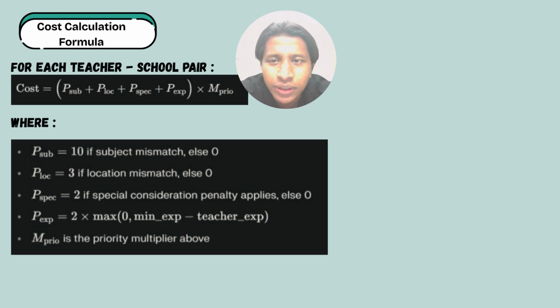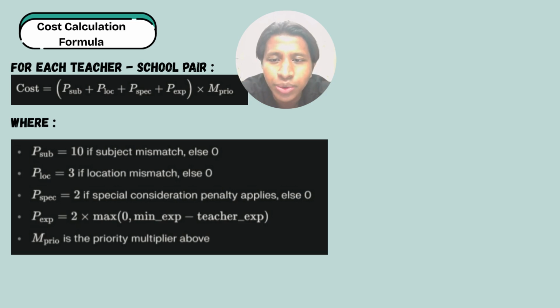Next is the cost calculation formula. For each teacher-school pair, cost equals P_sub plus P_loc plus P_spec plus P_experience, multiplied with M_prior, where P_sub equals 10 if subject mismatch, else 0.